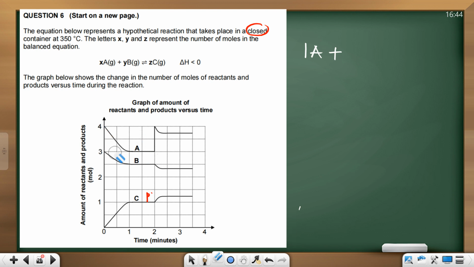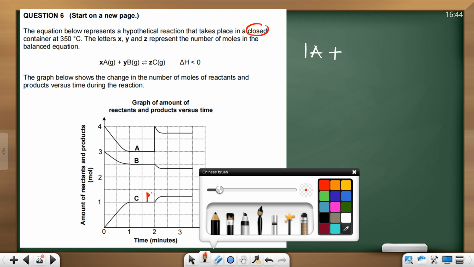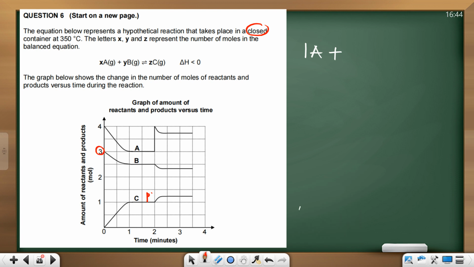In case I lost you, let's do B together. B starts from 3 and ends here. Remember that line means equilibrium. And what is that value? That value would be 2,5, right?